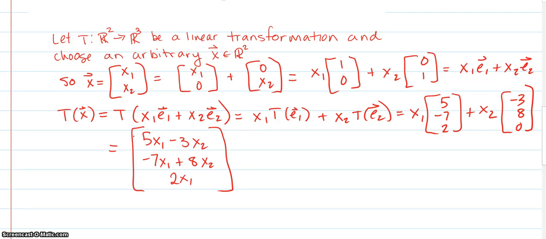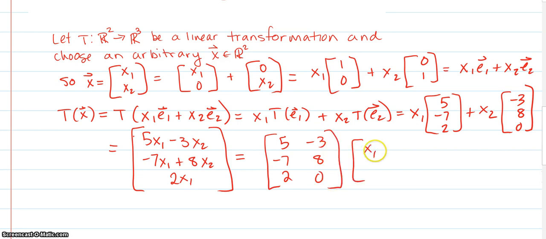So now I can actually rewrite this as just the matrix with the coefficients 5, negative 3, negative 7, 8, 2, 0, times x1, x2.